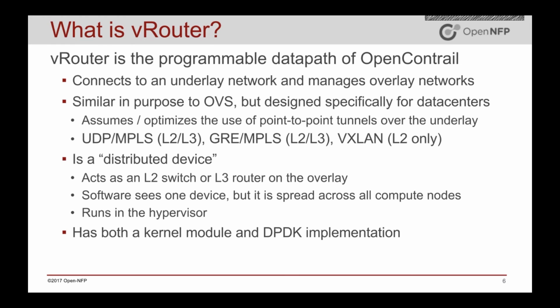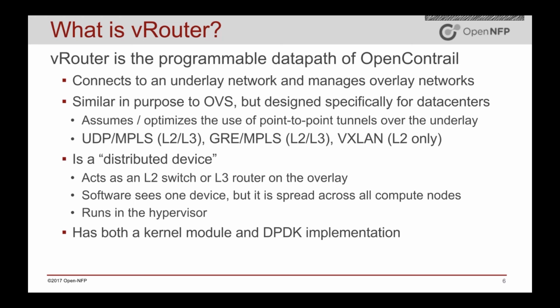Further detail on vRouter. Again, it is programmable by the controller, so it connects to an underlay network and manages overlay networks running on the various compute nodes in a data center. Similar to OVS, but it's specifically designed for data center scalability.